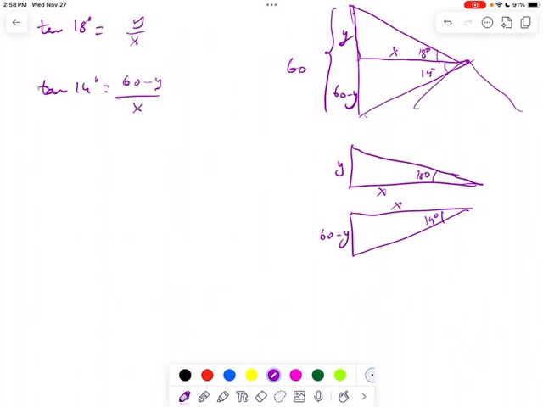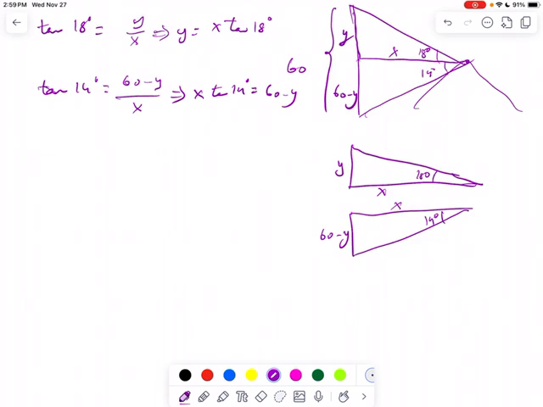So now what to do? So what we can do here is find y from here. So from here y will be equal to x times tangent of 18, and from here I have to find y, but I cannot find it in one go. I have to do it in steps. So the first thing to do is multiply both sides by x. So we get x times tangent of 14 is equal to 60 minus y.